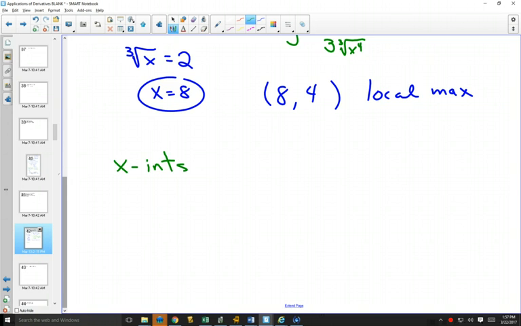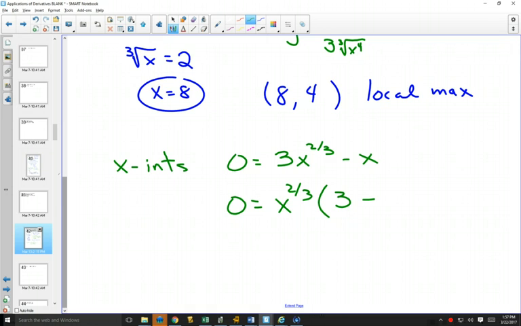If we set our original equation equal to 0, and we try to solve where this is all equal to 0, well, if I factor out an x to the 2/3, that's going to leave me with 3 minus x to the 1/3.